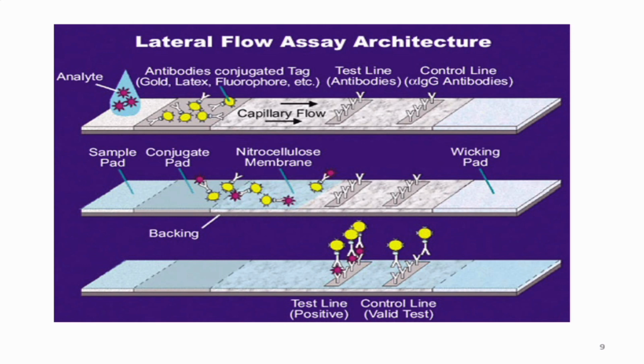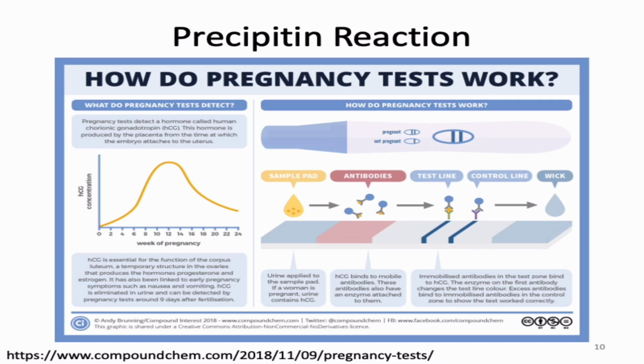In addition, just so you know, this is also how a pregnancy test works. It's a little piece of paper in the pregnancy test, and you have urine on it, which is a liquid, that if the woman is pregnant, she has a specific hormone, which is the antigen.